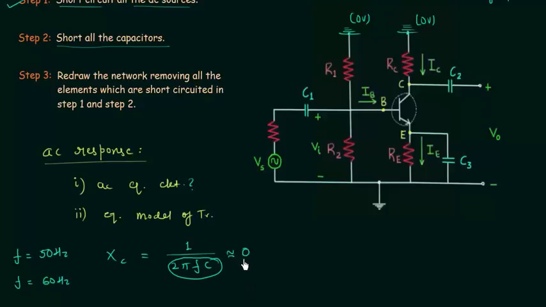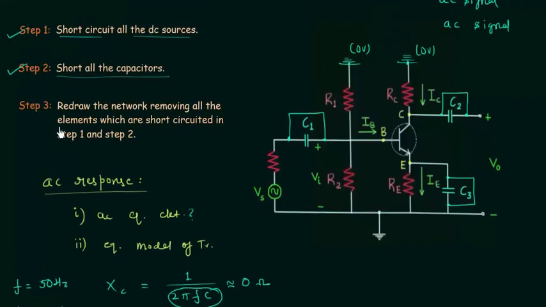So the reactance offered by the 3 capacitors C1, C2 and C3 is 0 ohms, and in this case we need to replace the capacitors with short circuit. So we have to short circuit the 3 capacitors in step number 2. I will short circuit C1 like this, then I will short circuit C2 like this, and finally we will short circuit the 3rd capacitor C3. We are done with step number 1 and step number 2.